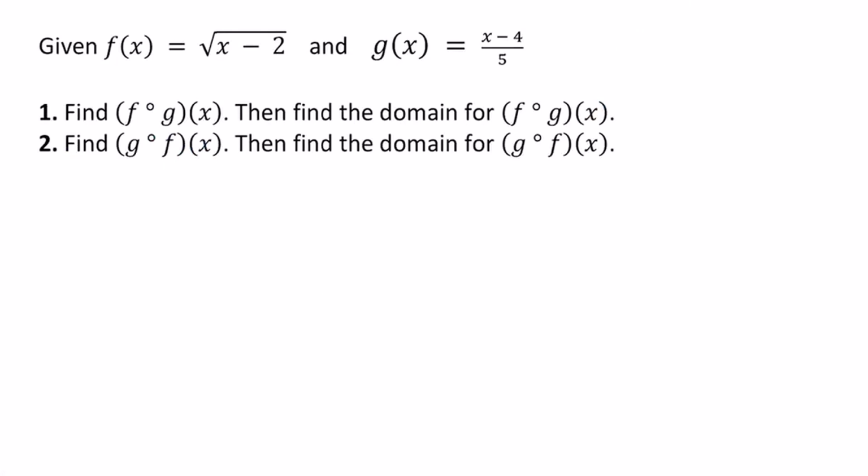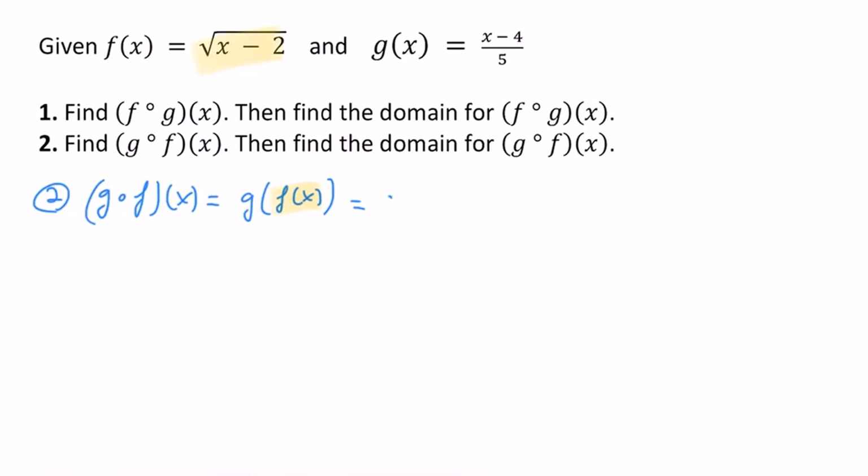Let's get the second problem, which is g circle f. So g circle f of x. g is the outside function, f is the inside function. So this is g of f of x. Start with the inside function, f of x, which is the square root of x minus 2.